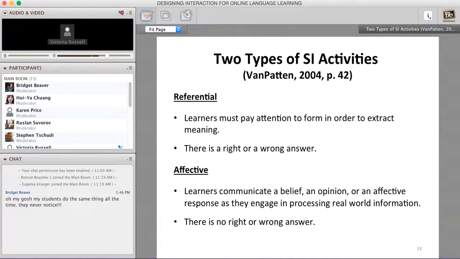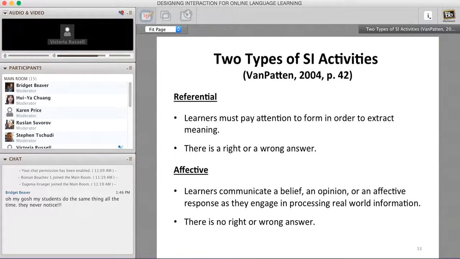This enables the teacher or the researcher to determine whether students are attending to the targeted grammatical form for the meaning that it encodes. With effective structured input activities, learners communicate a belief or an opinion or an effective response as they engage in processing real world information that contains the targeted form.